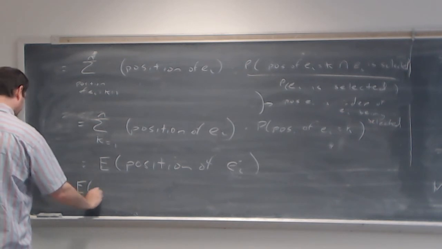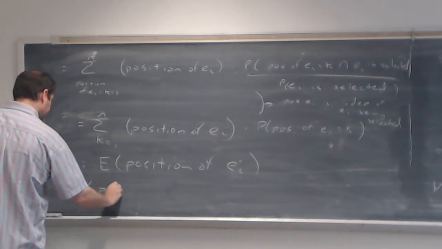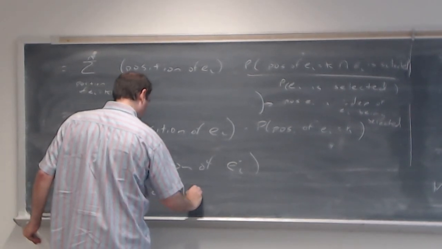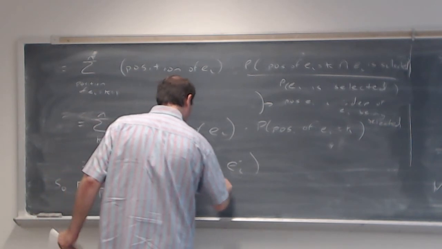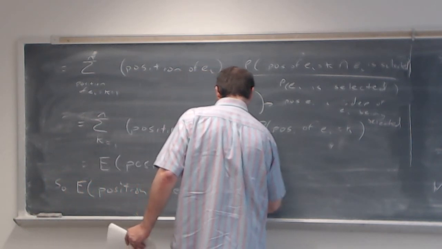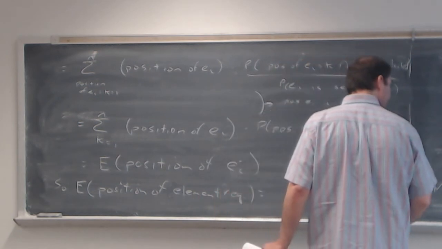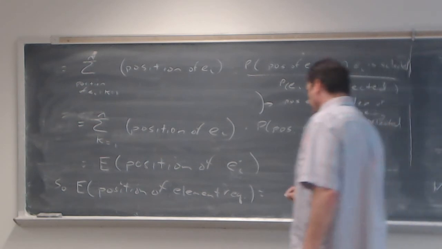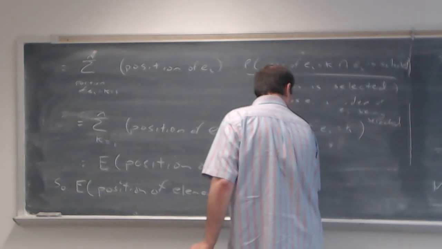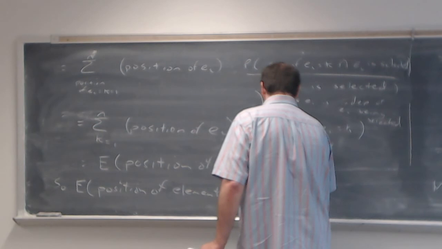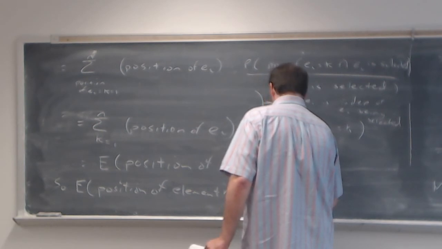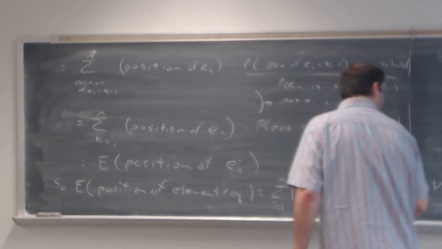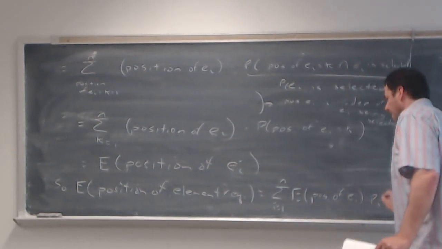So the expected value of the position of the element requested, by our previous work, is equal to the sum as I runs from 1 to n of the expected value of the position of E_I times P_I. That's where we are.